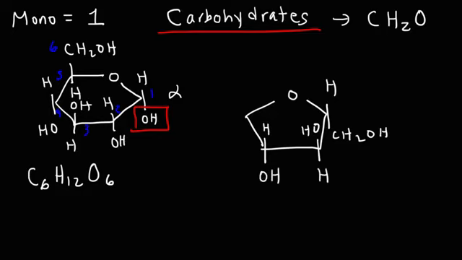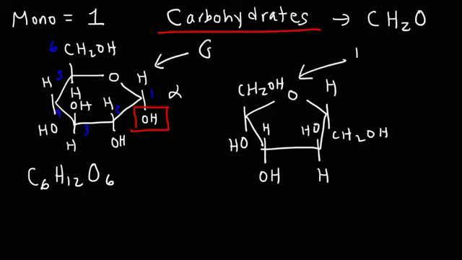Fructose is a ketohexose. In its linear structure, it forms a ketone functional group. Glucose is an aldohexose. In its straight chain structure, it forms an aldehyde functional group.